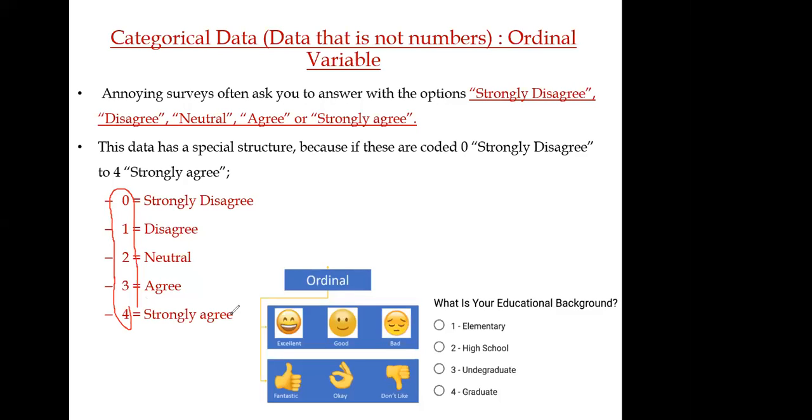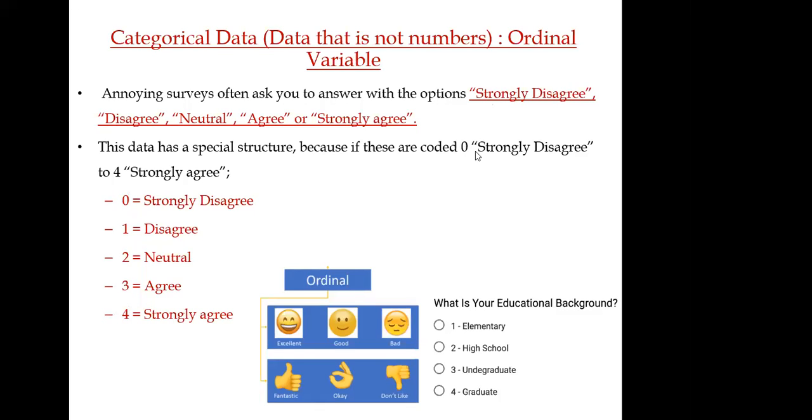If the data set has a hierarchy, it is called ordinal data. For example, we are asking about educational background. We are doing a survey in the Pamahin area, and we need to know their educational background.